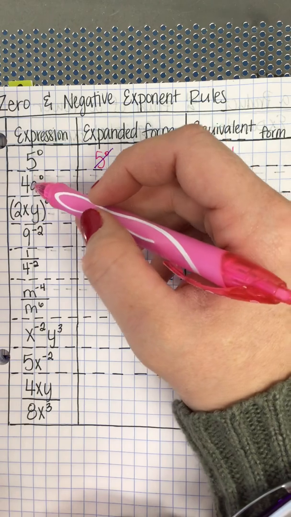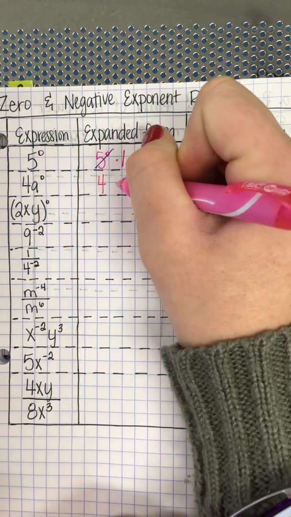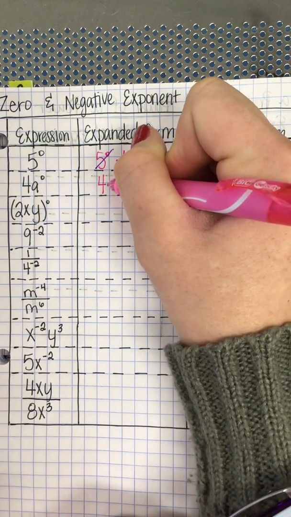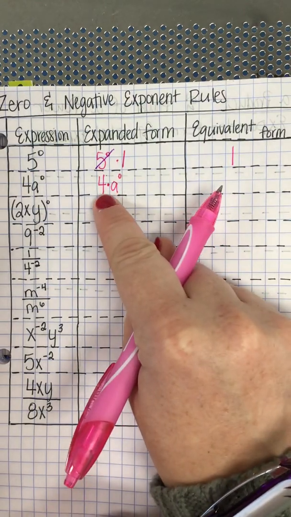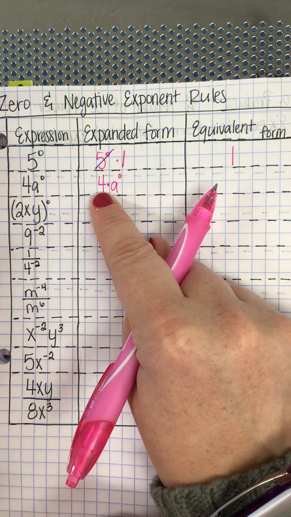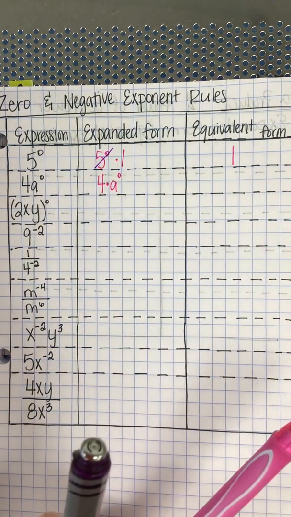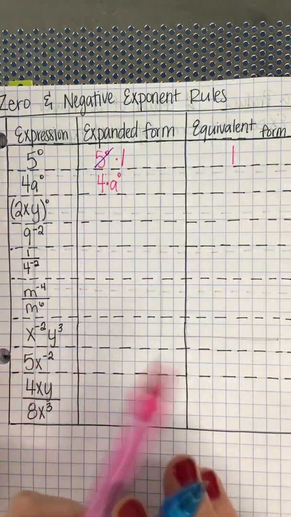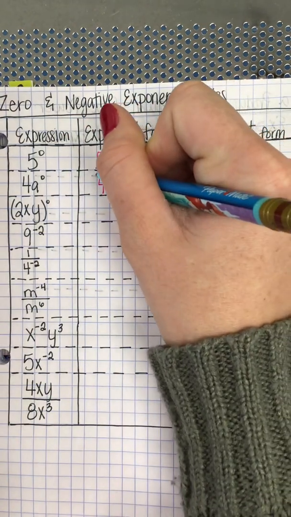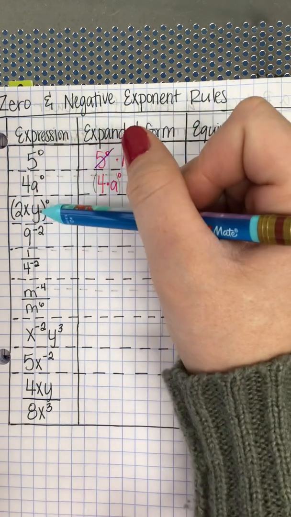Now, if we look at this one, 4a to the 0. Now, remember, when we have a number and a variable like that, it's actually multiplication. So it's 4 times a to the 0. And notice there are no parentheses here saying to the 0 power, just like in this one.